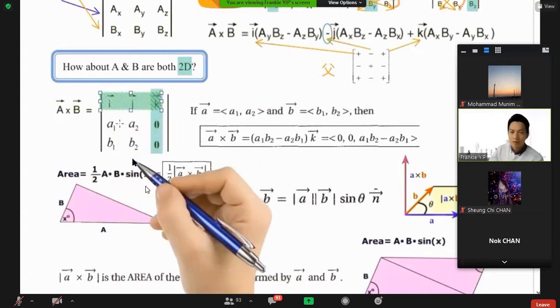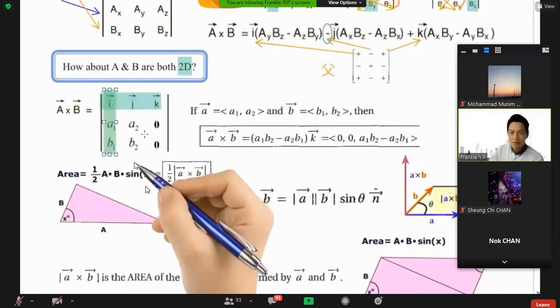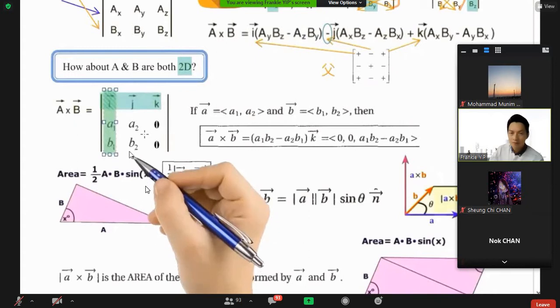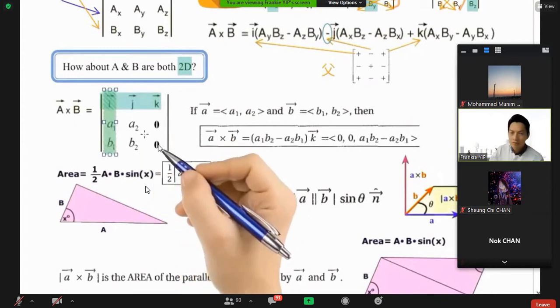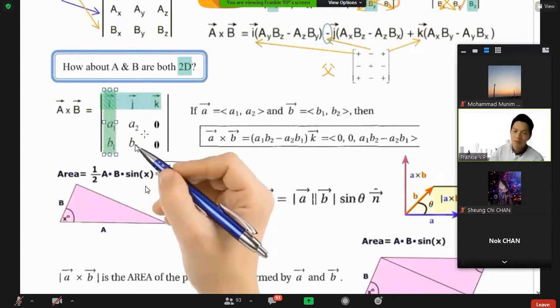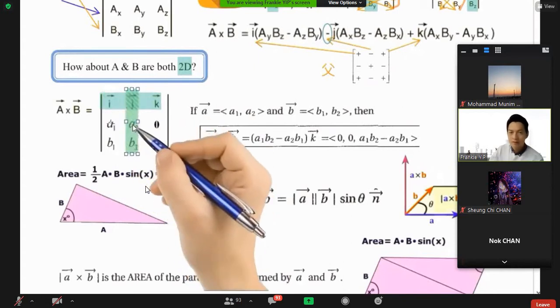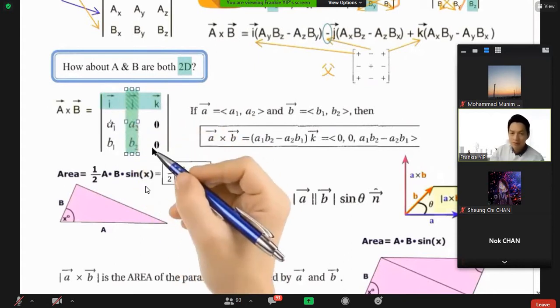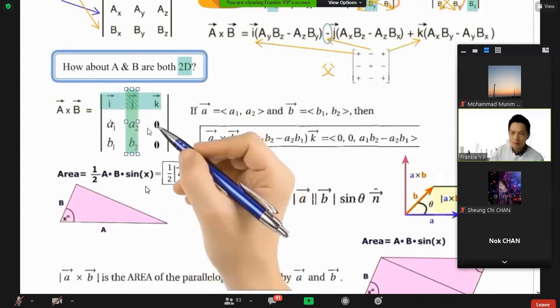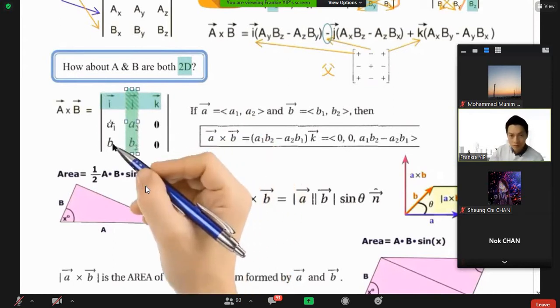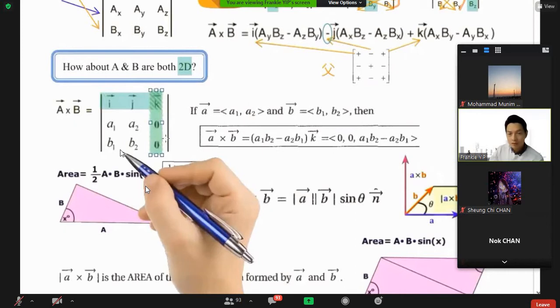So for A cross B, when I hide this one, A2 times 0 minus 0 times B2 becomes 0i, right? And j is also the same: A1 times 0 minus 0 times B1 is also 0, right? So that means the only answer we have is not 0, it's just the k.